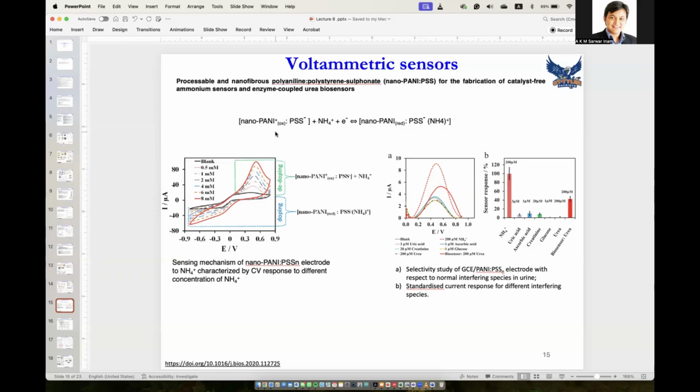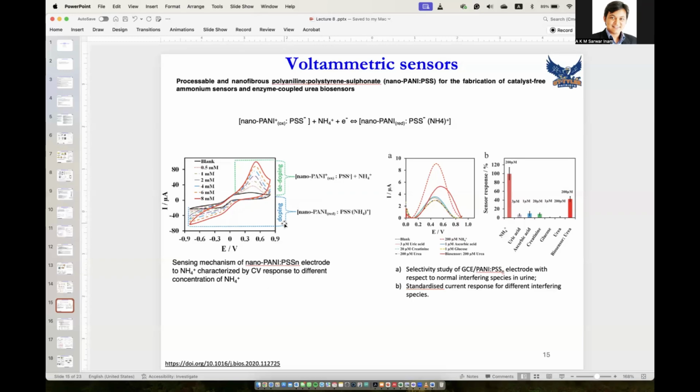So in the nanoPANI PSS, there is the ammonium ion, and you need one electron also. Then the ammonium ion inserts into the nanoPANI PSS matrix. That is happening in the dedoping state. So when we are running the cyclic voltammetry, it is constantly happening, dedoping and then doping. So it is taking the ammonium and also removing the ammonium. And this is how this sensor is working.